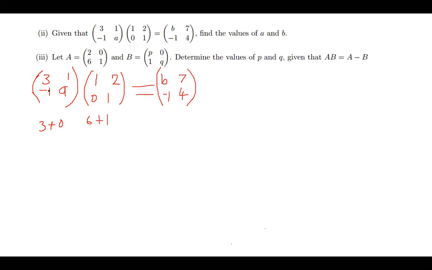And then you move on to the next row, which will be -1 times 1, you get your -1. And then this A times 0, you get your 0. And then this -1 times 2 is -2. Then this A times 1, you get your A there. Then you put them in brackets like that. Then this is equal to, so these are also equal matrices.